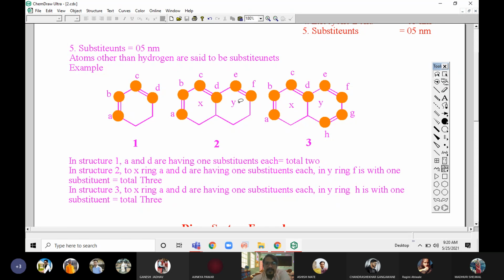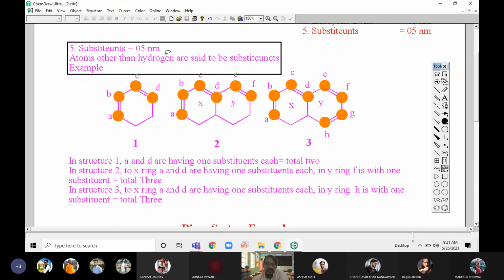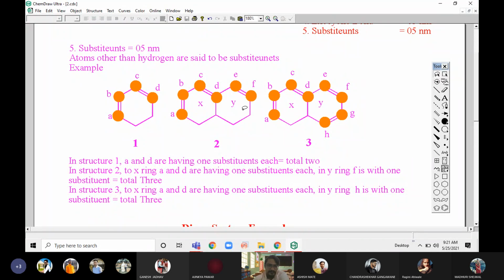And for Y, D we have already counted here, so we do not repeat it and go to the next. E is not having a substituent, but F is having one substituent over here. So total 3 substituents are there. That means we have to add 15 for this, 10 for this, 15 for the second system.